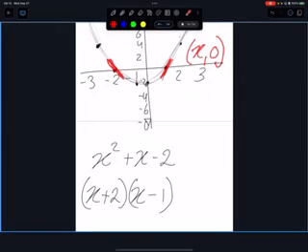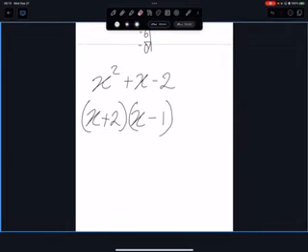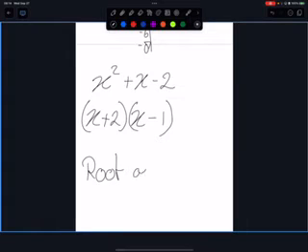Chapter 9, if you remember, linear equation and so forth. Intersecting with the x-axis, your y coordinate is always 0. So in mathematics they say an intersection with the x-axis is called a root of an equation.